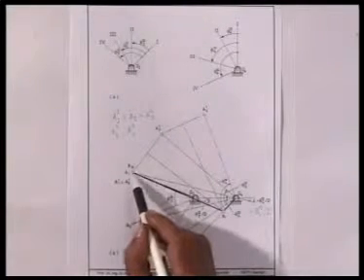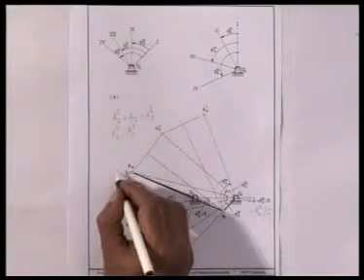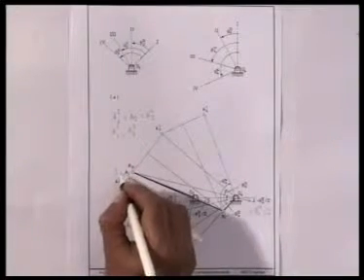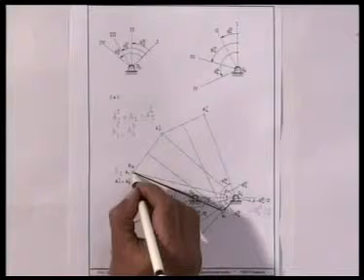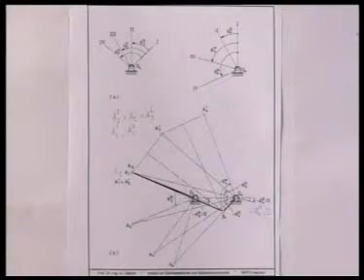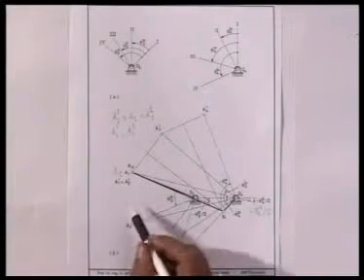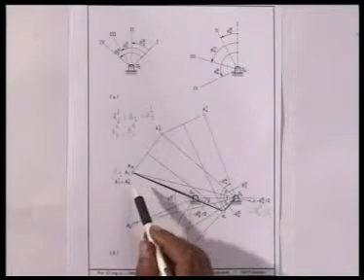These two lines intersect here, and I choose my A1 here. This is the choice of A1, which will ensure that A21 will coincide with A1.